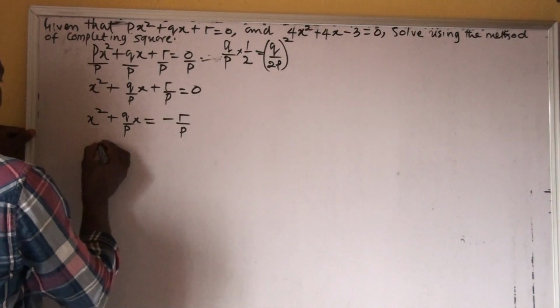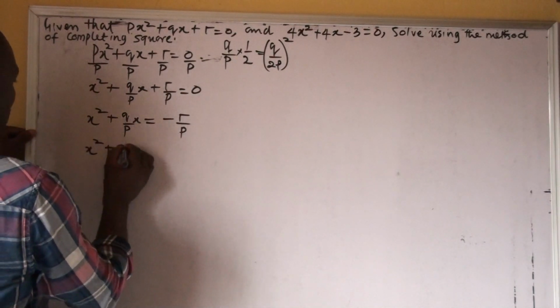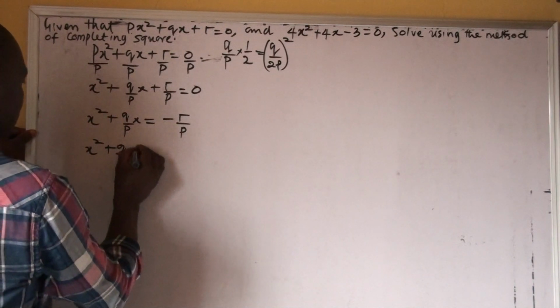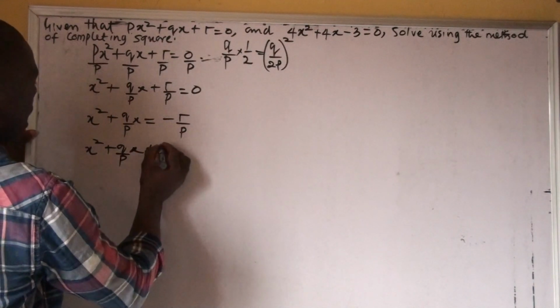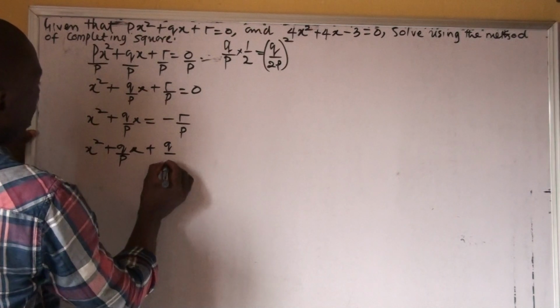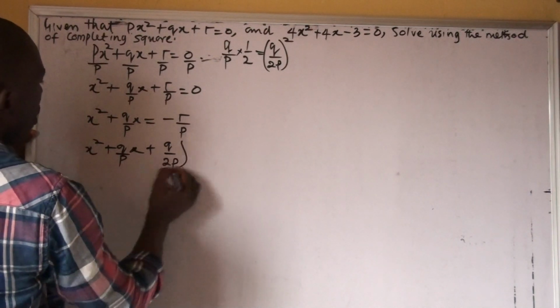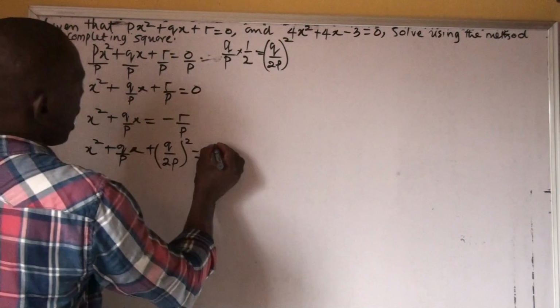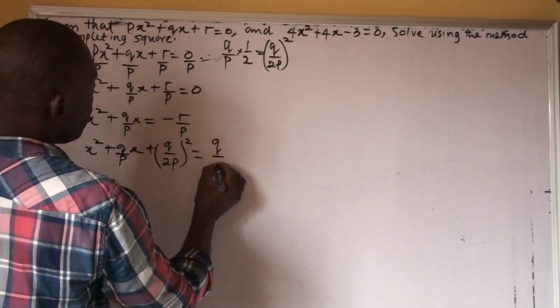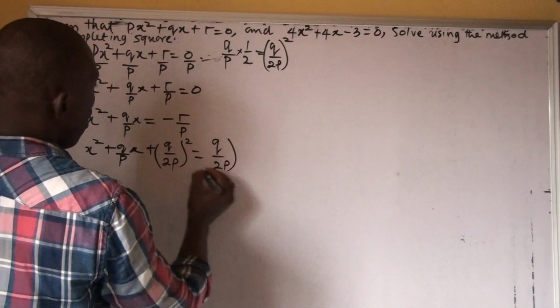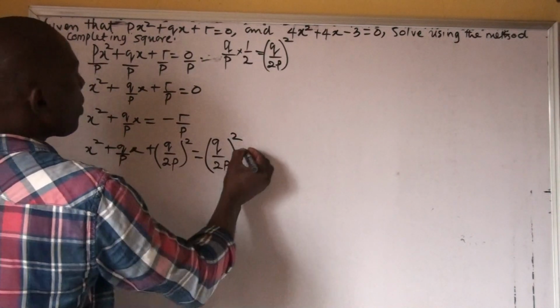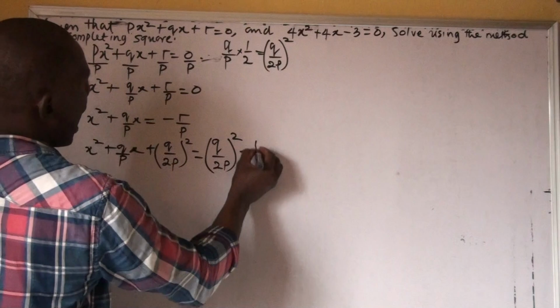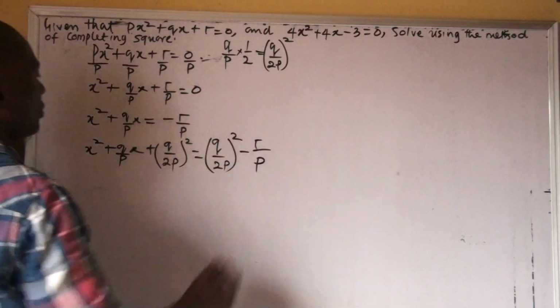So this becomes s square plus q over p x plus this term here, q over 2p all square, equals, because we're adding it to both sides, q over 2p all square minus what we have here before, r over p.